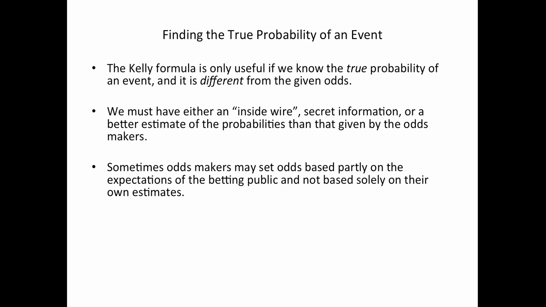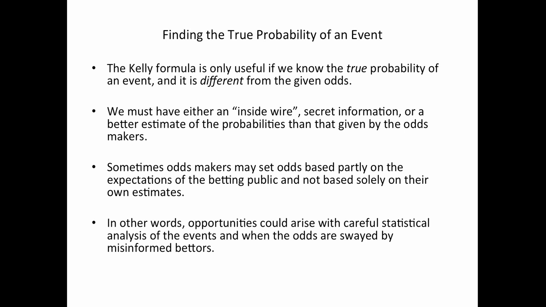And so there could be some overvaluations that could lead to small discrepancies in the given odds and what they really are. So in other words, the opportunity could arise with careful statistical analysis of the events and when the odds are swayed also by misinformed bettors that are changing the odds maker's line because of the direction in which the popular bets are going.